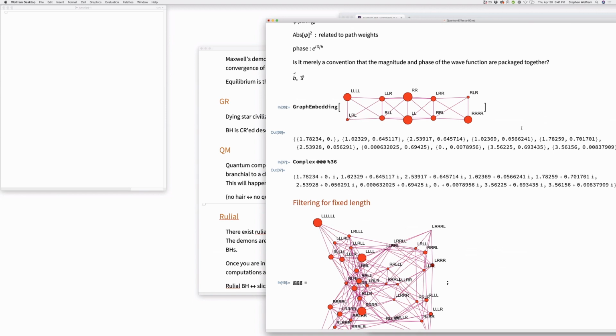It makes one wonder if there are other things like the packaging of space and time, the packaging of norm and phase in quantum mechanics. I wonder whether there are other things like that which have been done as a matter of convenience in a particular slice of a mathematical theory that will turn out not to be correct.